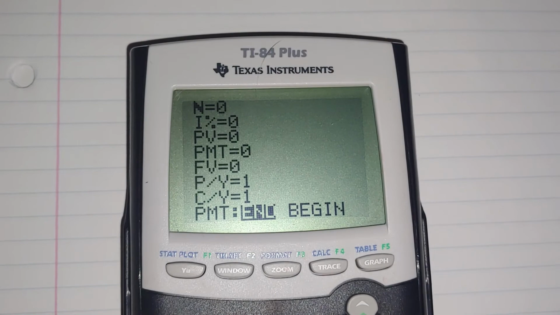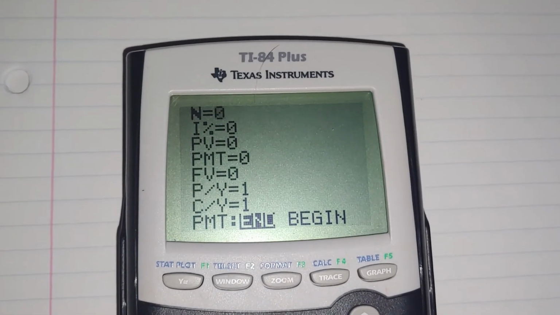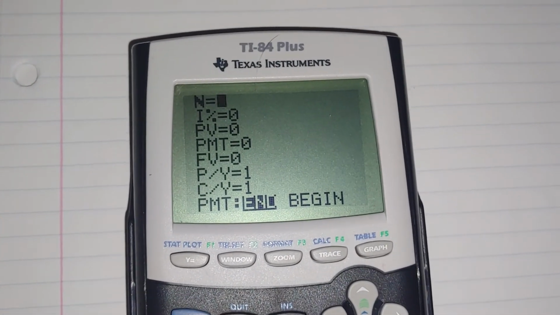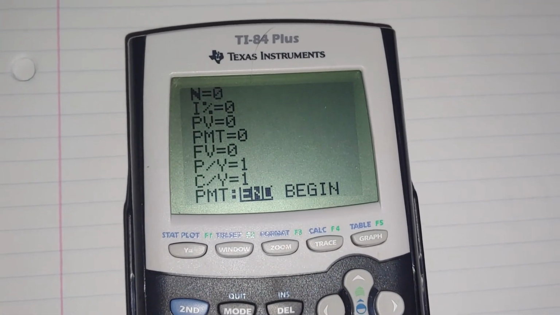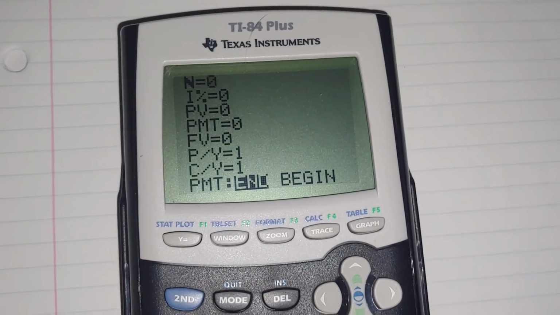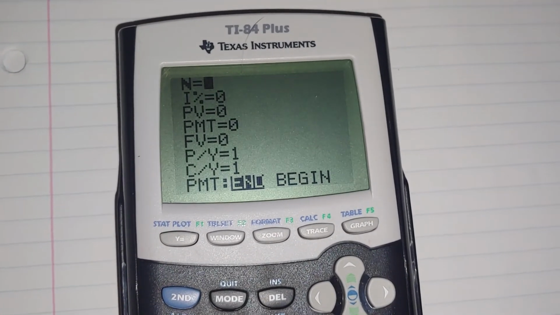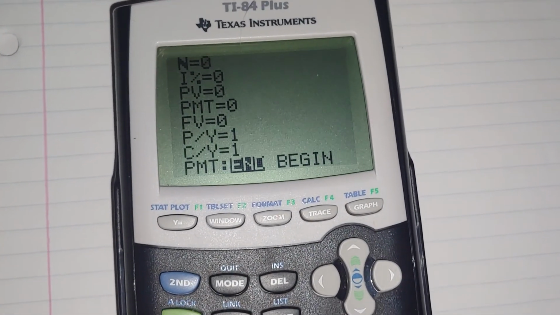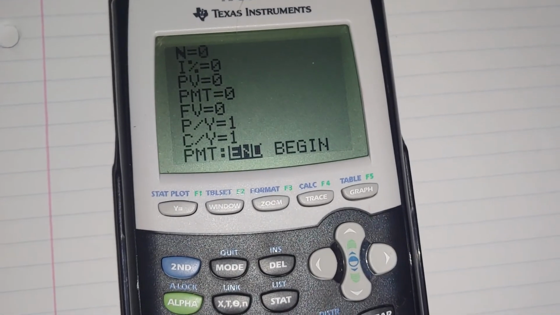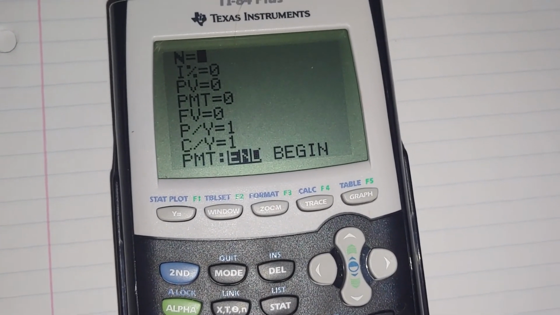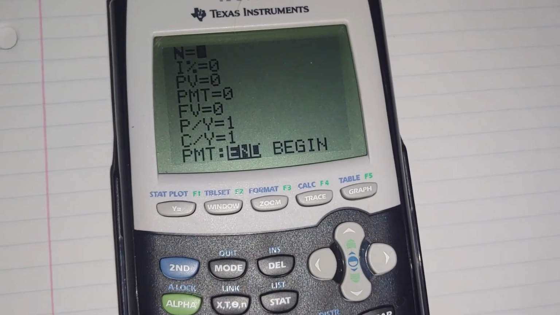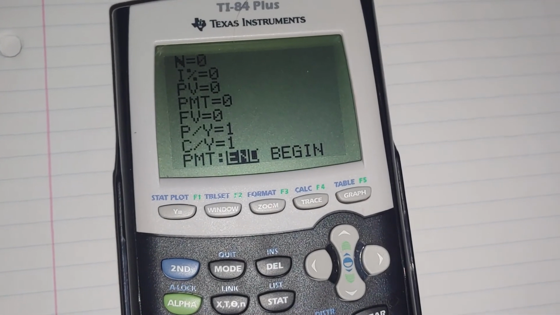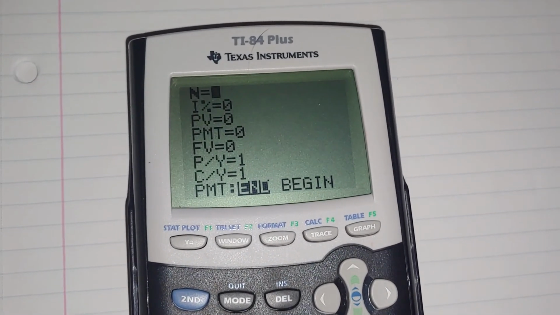I% is the annual interest rate. PV is the present value. PMT is the payment amount, where we use negative numbers for money coming out and positive numbers for money coming in. FV is future value. PY is the number of payments per year. CY is the number of compounding periods per year. And payment end begin is used to indicate if the payments are due at the end of the month or at the beginning of the month.